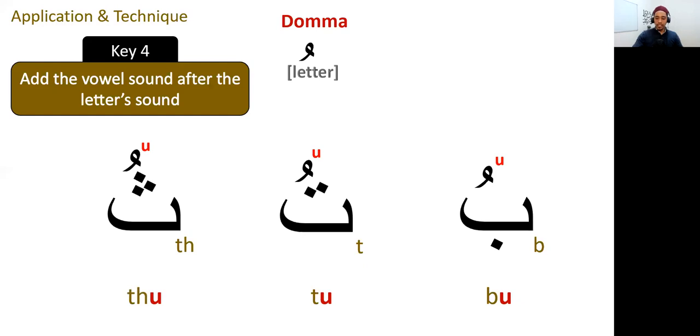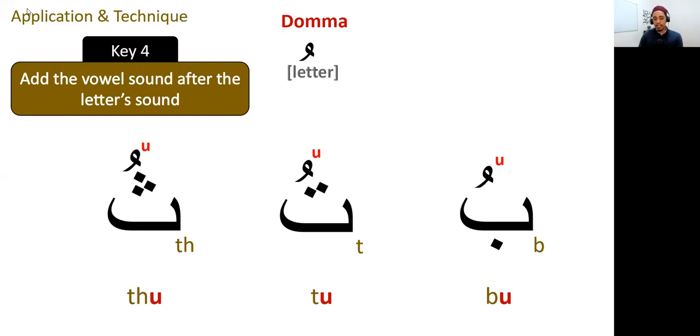Okay. So let's then put that in a key. Let's say key number 4: add the vowel sound after the letter's sound. Right? It's going to be very important, especially when you do the challenging letters, because some students resort to memorizing the letters with it, which is okay, right?